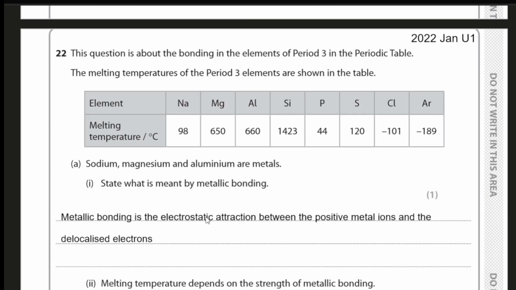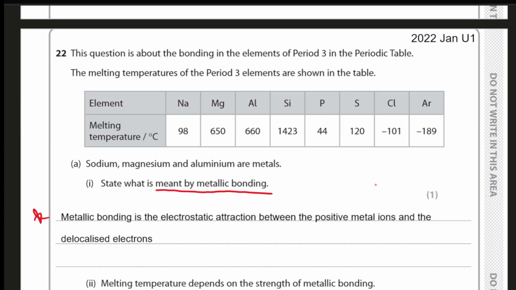Now this question is about the bonding in the elements of period 3 of the periodic table. The melting temperatures of the period 3 elements are shown in the table, and they ask what is meant by metallic bonding. Metallic bonding is the electrostatic attraction between the positive metal ions and the delocalized electrons.